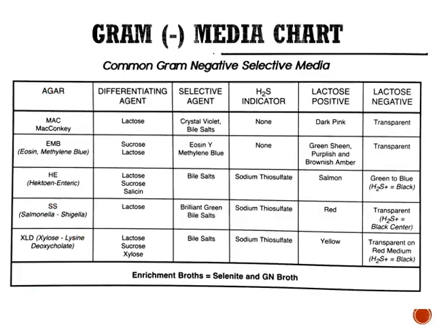And here, I'll let you guys look through this chart, but this just kind of breaks down the different media types that we have talked about. And all of these are selective and differential media. So it has on here what has been added to the media that makes it differential, and what makes it selective.